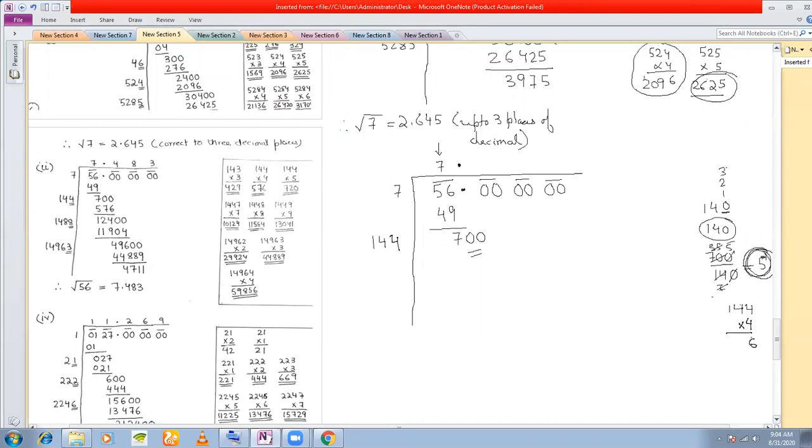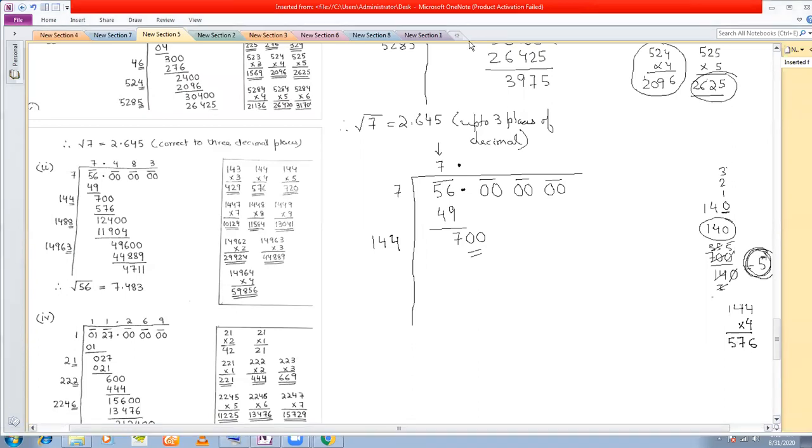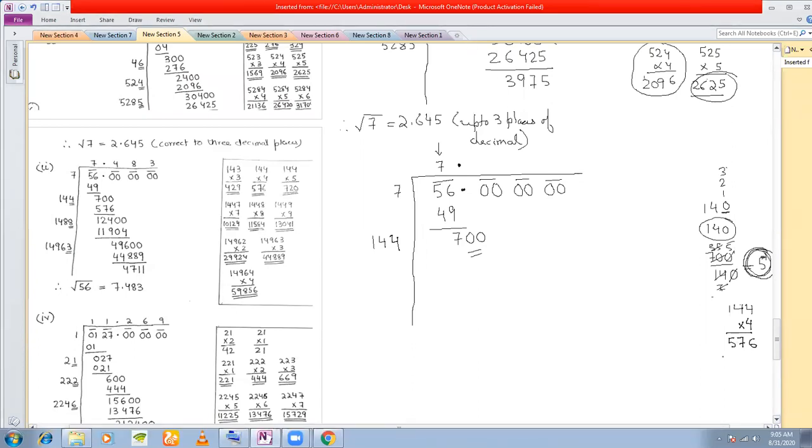So you get 576. Okay. Fine. Now what we'll try is we'll try to place a 5 here. Let's see. 144 into 5. So we are trying only 3 digits, 4, 5 and 6. Why? Because when I divided this 700 by 140, I got the quotient of 5.